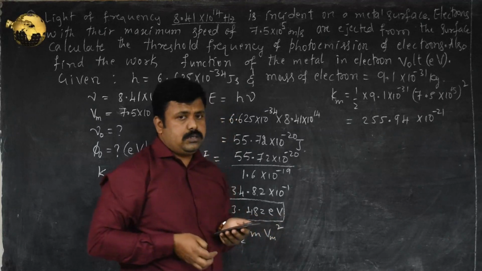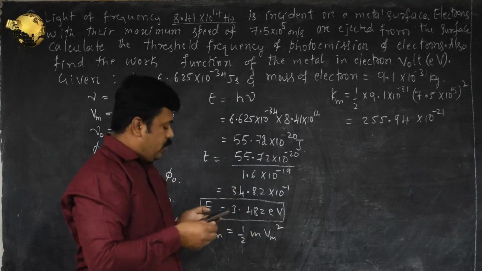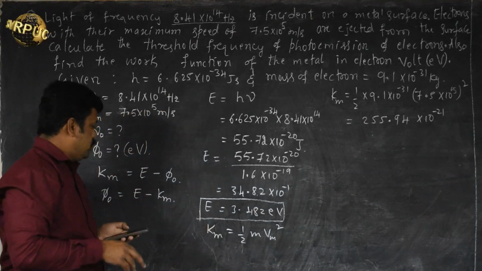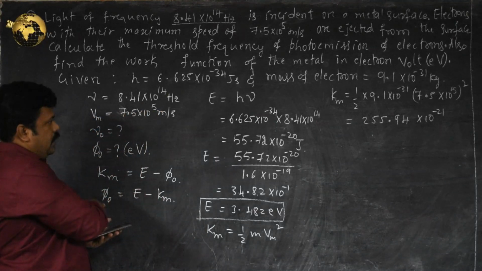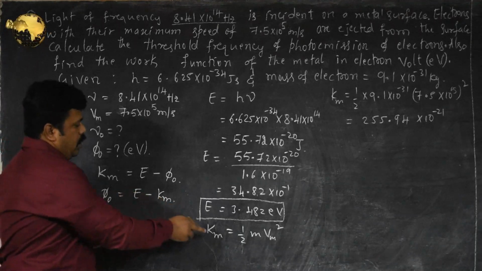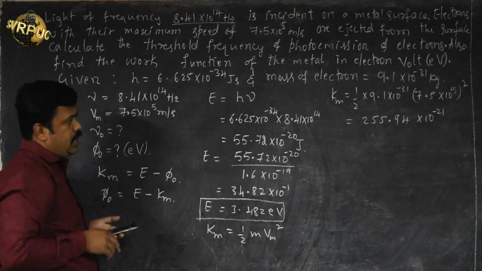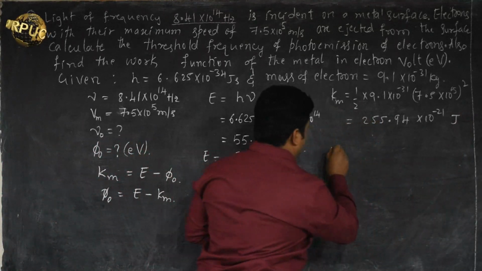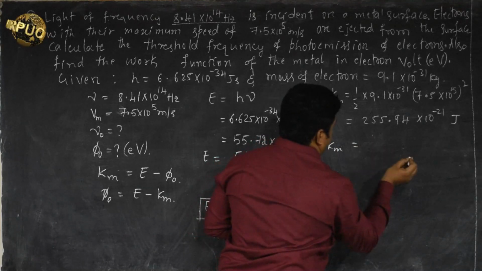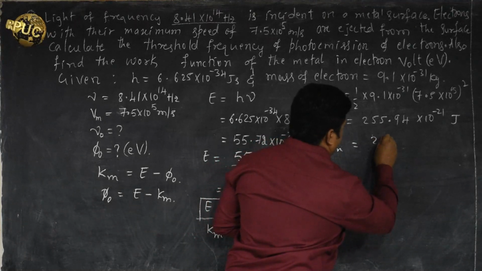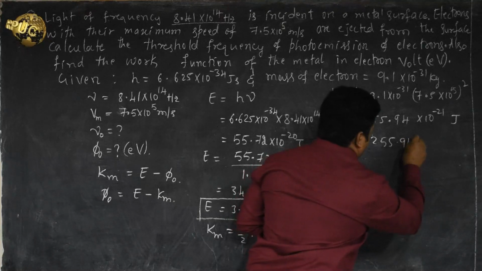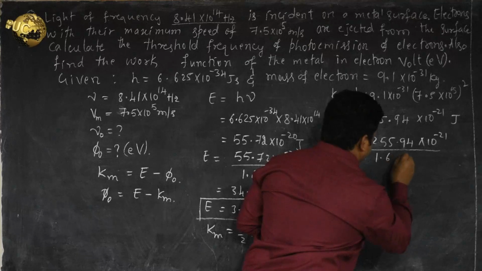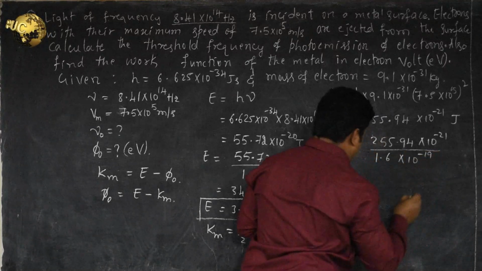So let's convert this into electron volt, because I need the phi naught finally in terms of electron volt. I already have the incident energy in electron volt. Now this is in joules, so we need to convert it. K max is equal to 255.94 into 10 to the power minus 21 all divided by 1.6 into 10 to the power minus 19.